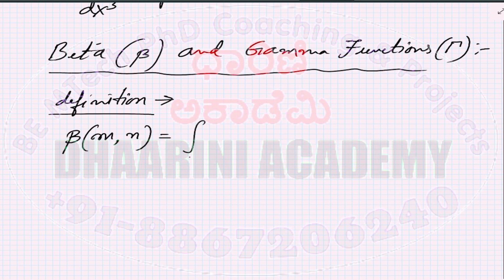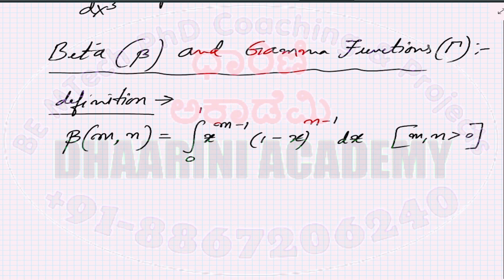Using a linear scale, that is the integral from 0 to 1 of x to the power m minus 1 into (1 minus x) to the power n minus 1 dx. The condition we have here is that both m and n are greater than 0. They are positive numbers. Okay, this is called a beta function.